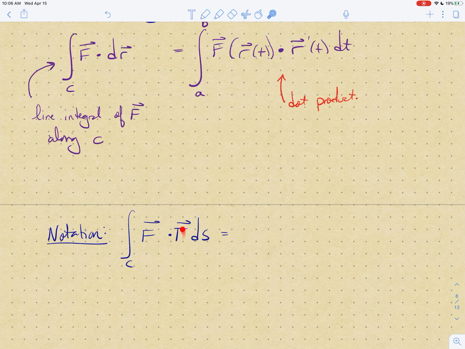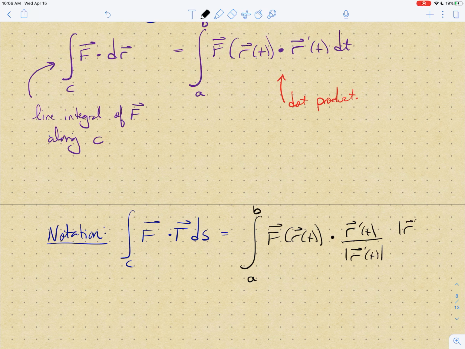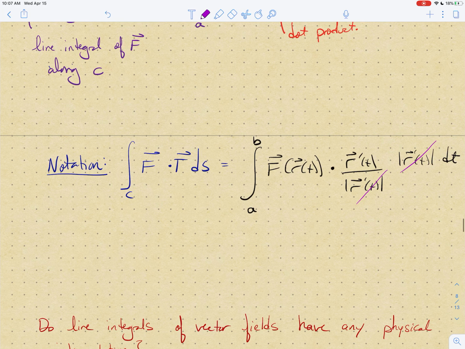So let's think about what T is. Hopefully you remember T is the unit tangent vector, and so I can write this as the integral from a to b of F of r of t. T is what? r prime of t divided by length of r prime of t. ds, you know, is length of r prime of t dt, and the idea is you can cancel those guys and you end up right back with where we started, F of r of t dot r prime of t dt.